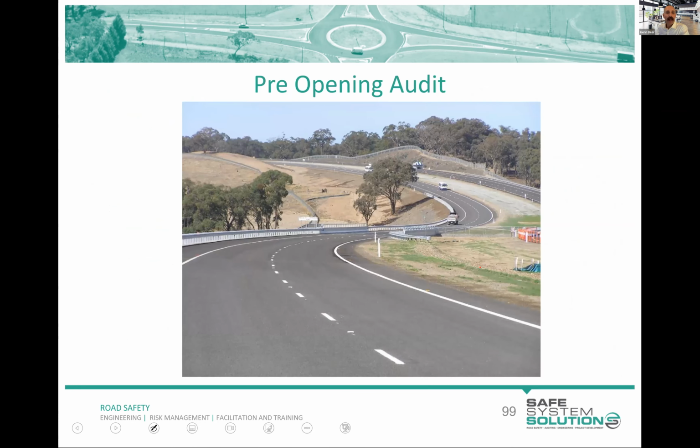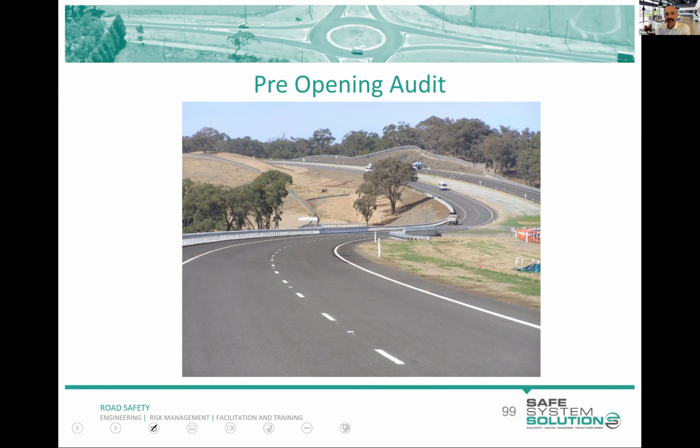Pre-opening audit. A pre-opening audit is just before the ribbon's cut and the road is open, and it's a check that nothing glaring has been built that could pose a danger. Often with these, it is things like checking the height of guardrails that have been installed.